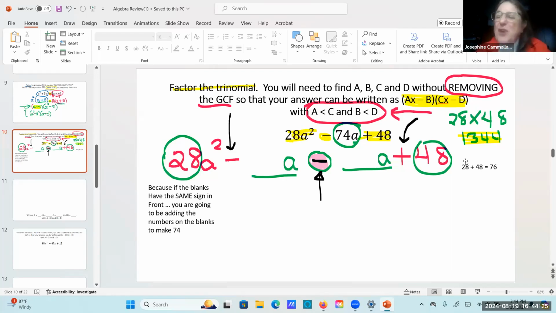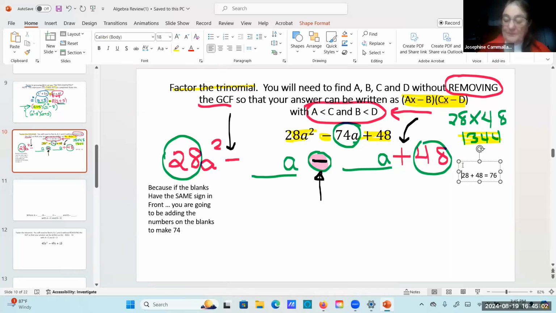Well, let's try going a little bit smaller. Now, this is where your calculator is going to be very important, and by the way, I let you use it. If I take 1344 and divide by 24, I am going to get the numbers 24 and 56.